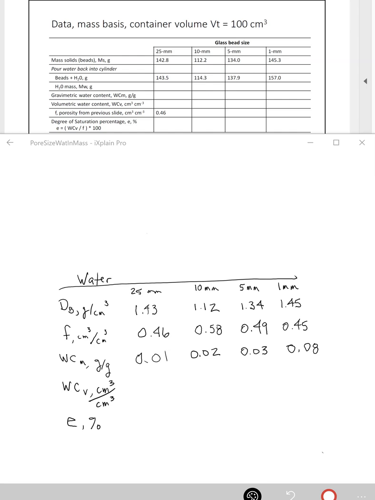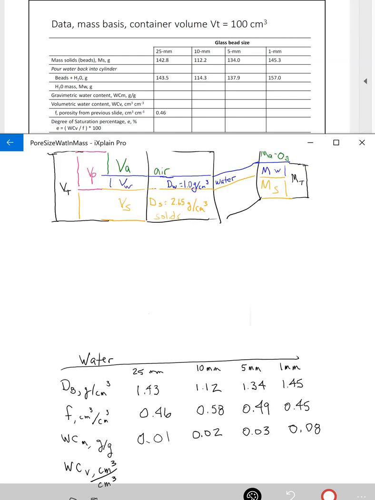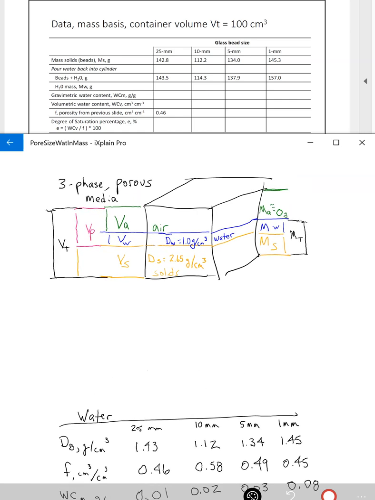Then we move on to the water content by volume, which is the volume of water relative to the total volume. Again, however, we cannot calculate it that way because we don't have the volume of the water. So even though this is the definition, we have to use a different way to calculate it, which is the mass water content times the bulk density, divided by the density of water.